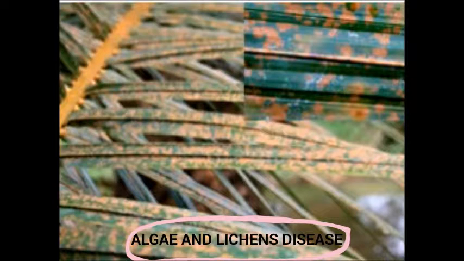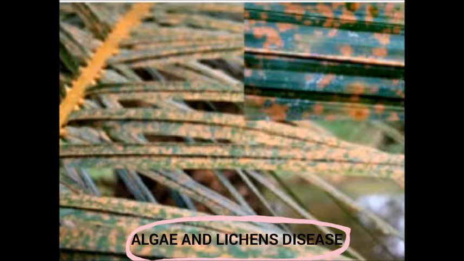Disease number 5 is algae and lichens disease. For algae and lichen disease, usually we find it on the old foliage of oil palm. Most oil palms have algae disease on the upper surface of the pinnae, but sometimes it happens on the other side of the pinnae.